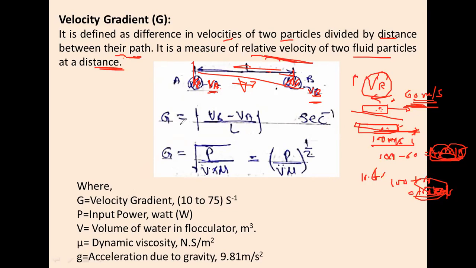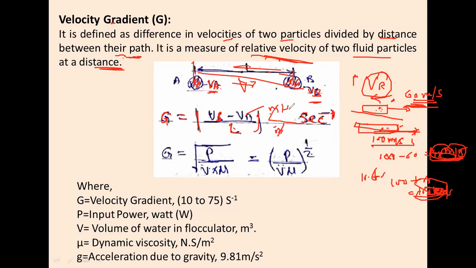So mathematically it can be written as G equal to mod of VB minus VA divided by L per second. What is its unit? Its unit is per second. How has it come? The unit of velocity is meter per second, and here the length unit is meter.